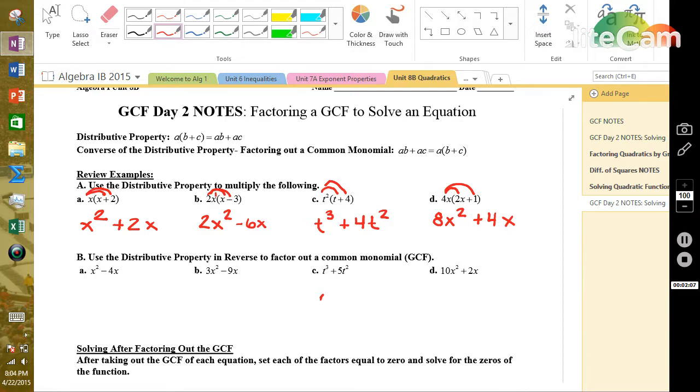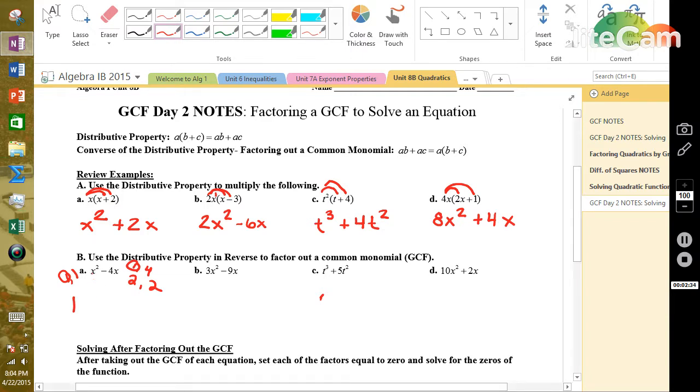So for example A, the factors of 1 are just 1 times 1. For 4, I have 1 times 4, and I also have 2 times 2. The greatest factor that goes into each of those was 1, so I can pull a 1 out. It's not necessary to write 1, but we're going to write it.